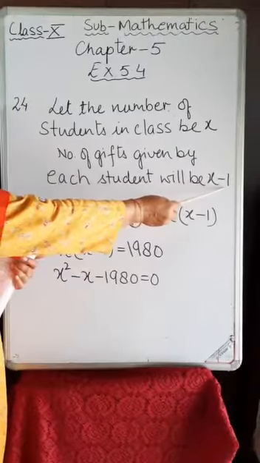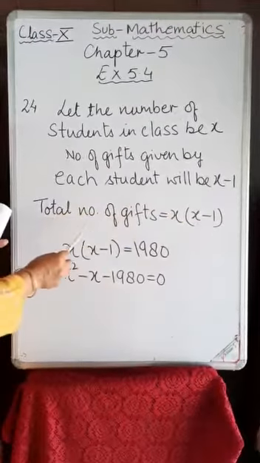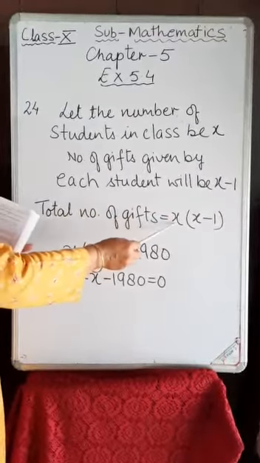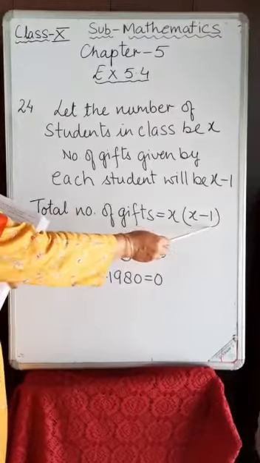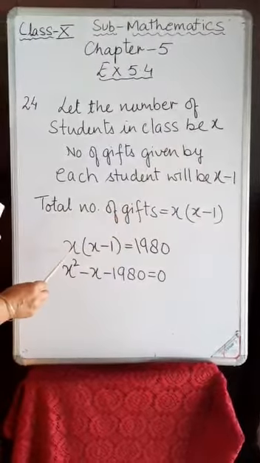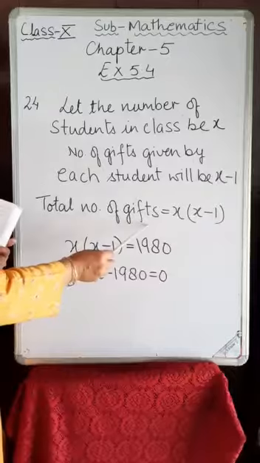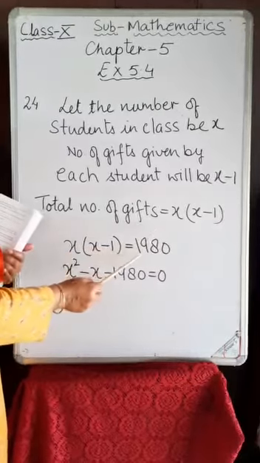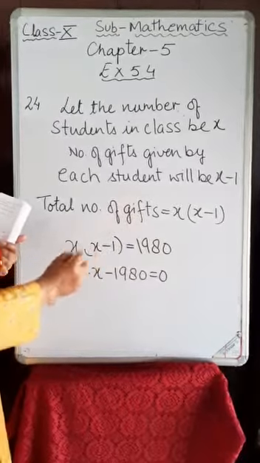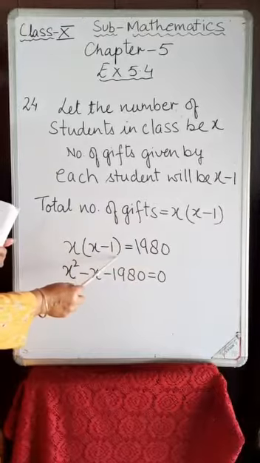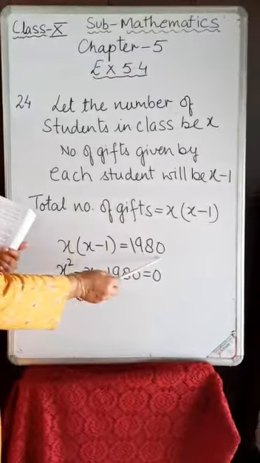So the total number of gifts will be x multiplied by x minus 1, and the total number of gifts is already given in the question, that is 1980. So x multiplied by x minus 1 equals 1980.